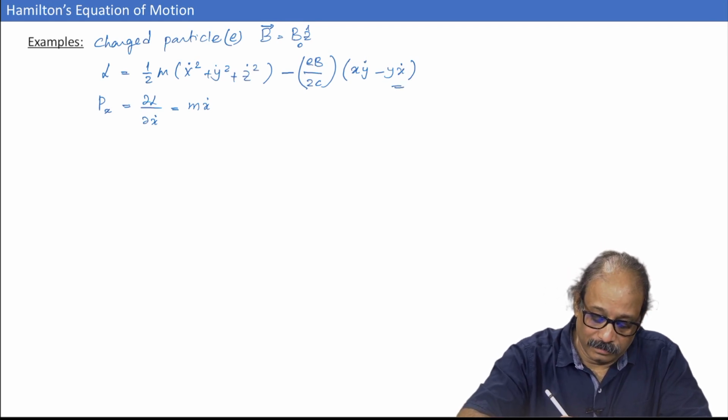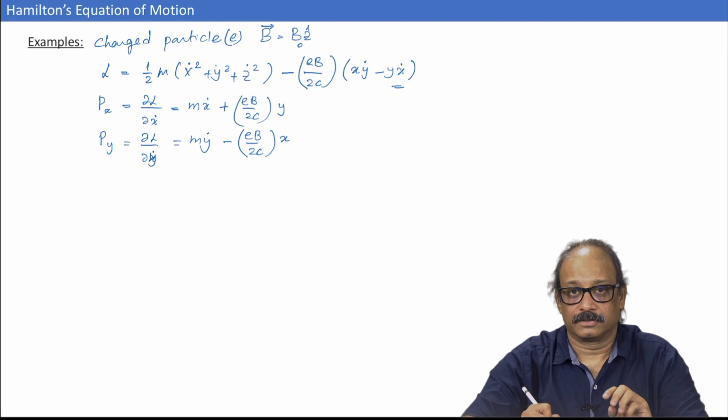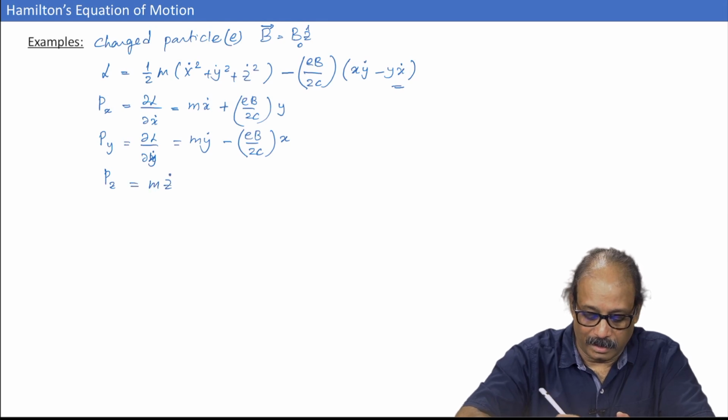So, this will be equal to plus e B by 2c into y. p_y similarly is del L by del y dot, which will be equal to m y dot minus e B by 2c times x. Okay. And there is a p_z too. p_z is nothing but m z dot.